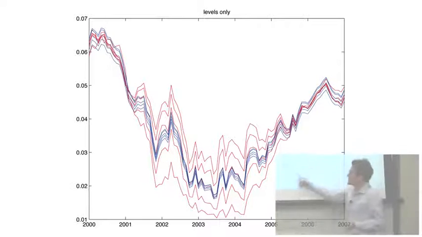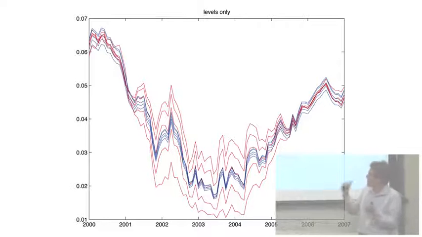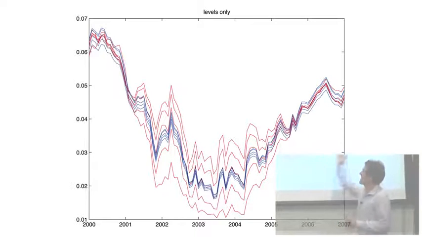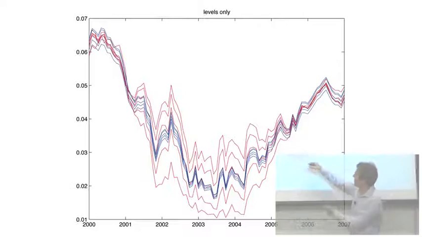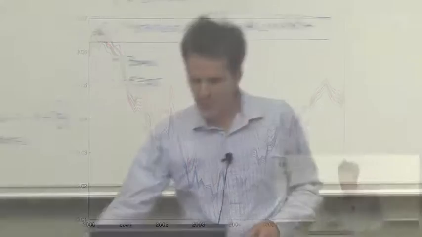So here's what happens if we keep only the level factor. There's the original yields. The level factor goes up and down. You multiply it by about the same number for each bond, and you get about the same prediction. It's capturing the level movement of the yield curve, but it's not capturing at all the spread movement. We need another factor for sure. That's not a good enough factor model.